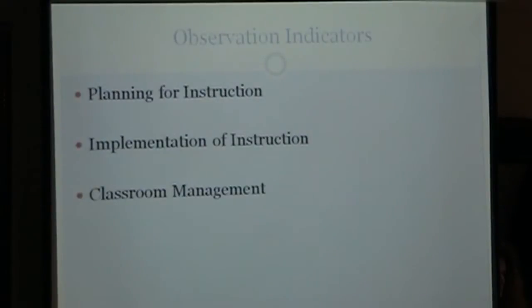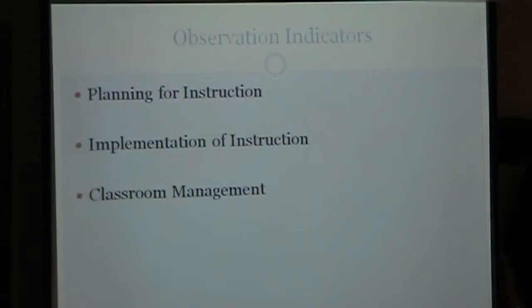So our observational indicators are built around the Danielson model. The domains that we utilize are planning for instruction, implementation, and classroom management. The professionalism piece, on advice of our attorney and in consultation with our committee, has been dropped from the teacher evaluation tool and really is focused on our staff ethics, staff conduct policies and responsibilities of the teacher.